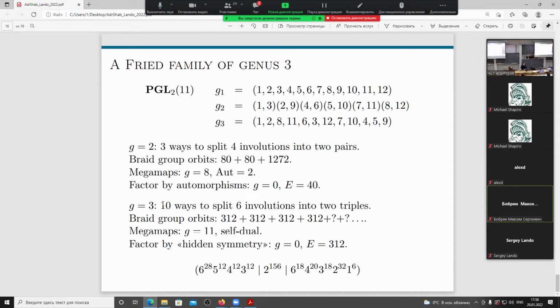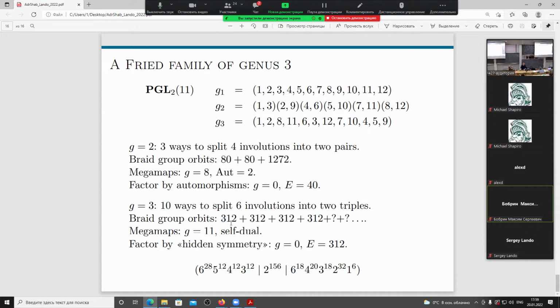And here we have 6 involutions, and there are 10 different ways to split 6 involutions into two triples, and four ways have a nice property of self-duality, and braid group actions have relatively small orbits.